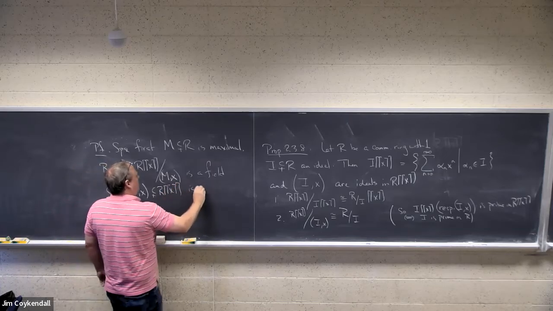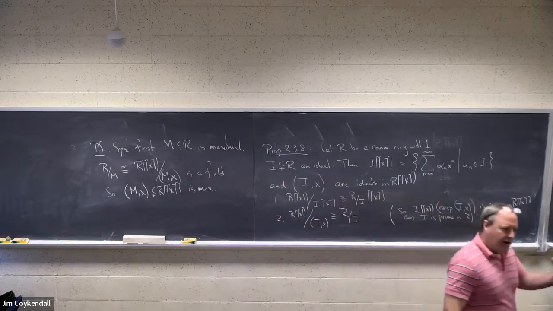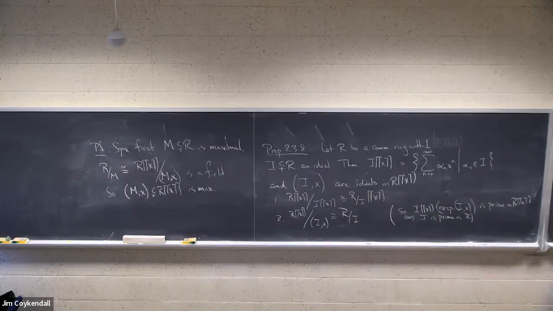What we've shown so far: given a maximal ideal M in R, R mod M is a field, but R mod M is isomorphic to that mess there from proposition 238. So that means that (M, X) must be a maximal ideal of R[[X]]. Okay, that's the easy part. Given a maximal ideal here, (M, X) gives you a maximal ideal up there. The interesting part is that's it. There aren't any other maximal ideals.